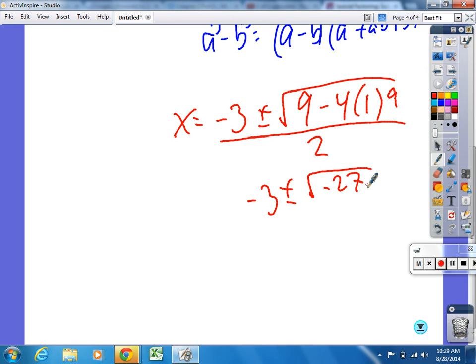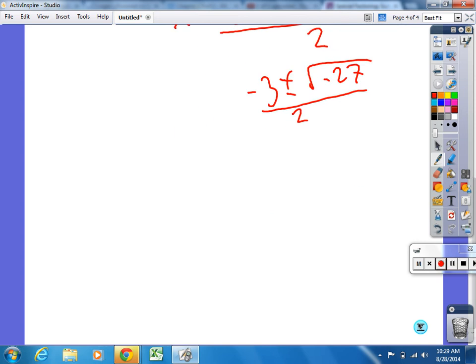Correct? All over 2. Trying to help Nicole in the back. Okay? This is going to be negative 3 plus or minus 3i root 3 over 2. Those are your other zeros.